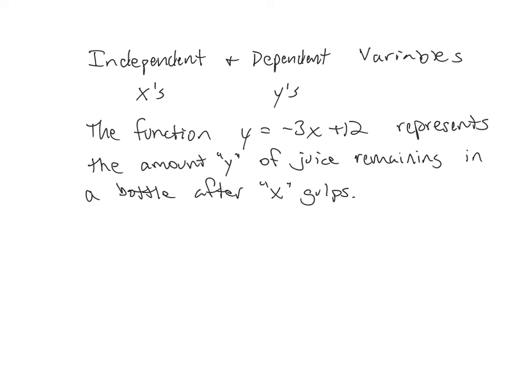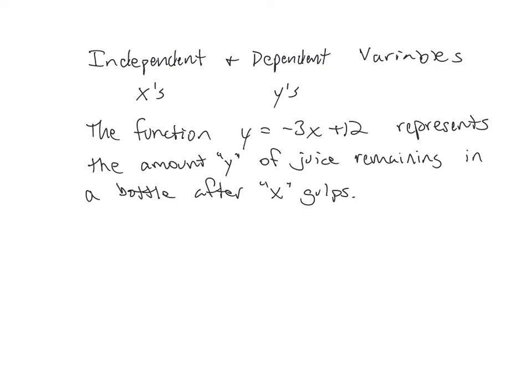So independent and dependent. So if you had a bottle of juice or water or soda or whatever, that is sitting there, and I said you could take as many drinks of that as you want. That's independent. You have a choice. I could take one, I could take none, I could take three.